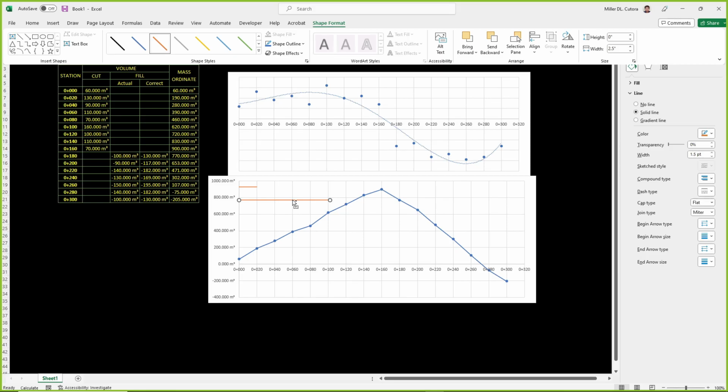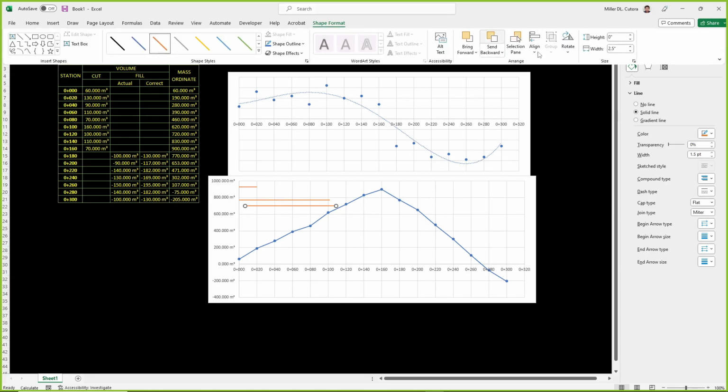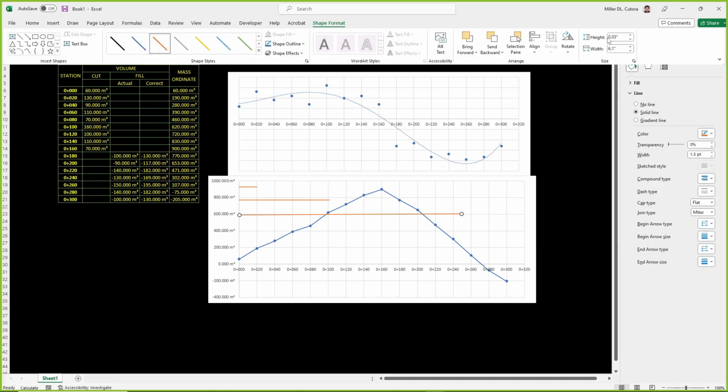One 100 and one 250. Somewhere here. Okay, kindly check if our proportioning is correct.